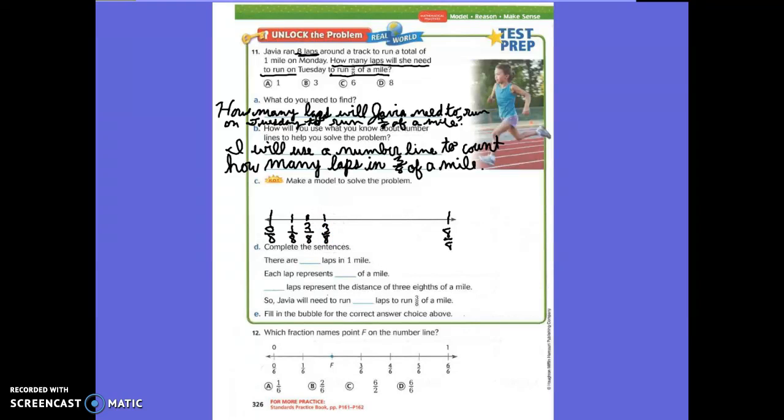Another one would be 4/8, another 5/8, another 6/8, and the last one would be 7/8. So we have a number line all the way from 0/8 to 8/8.